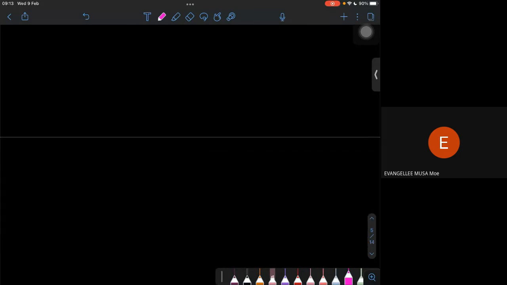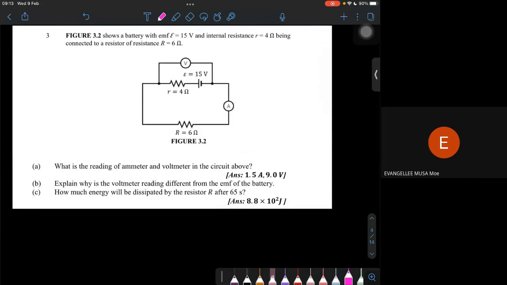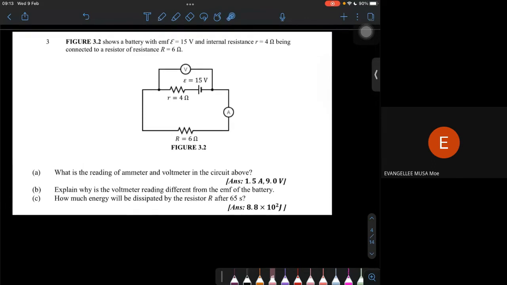Okay, we will discuss the tutorial questions that we have not discussed yet, which is question 3. You have done questions 1, 2, 6, 7, I think. That is 4 questions. So we will discuss the remaining questions so that you don't have to do them. Okay, let's look at question number 3. We are given a figure here with EMF 15 volt, internal resistance 4 ohm, connected to another resistor of 6 ohm.